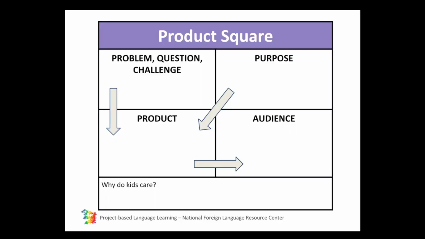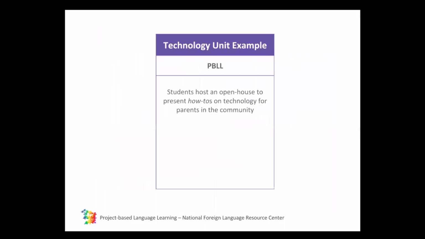Finally, the product square helps ground our work by having us design a project to support students' interest and ensure that we answer the question, why would kids care about this project? So let's look into some examples. Here's an example which comes from a high school level 2 classroom based on a book chapter on technology.